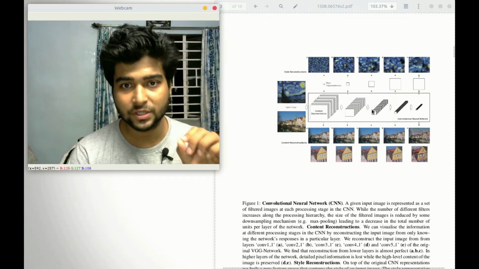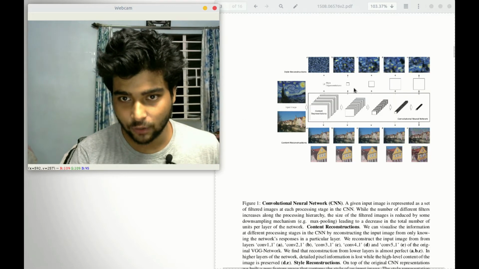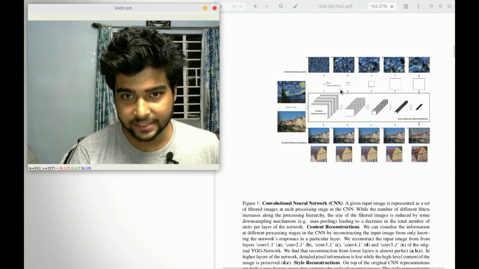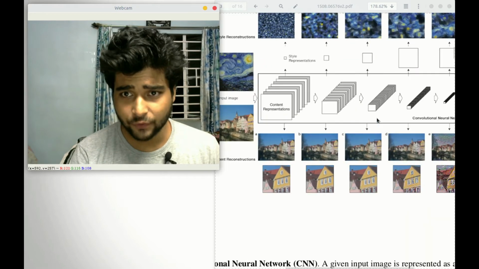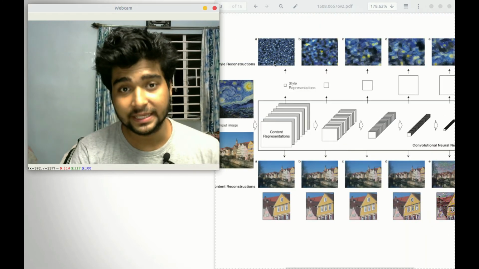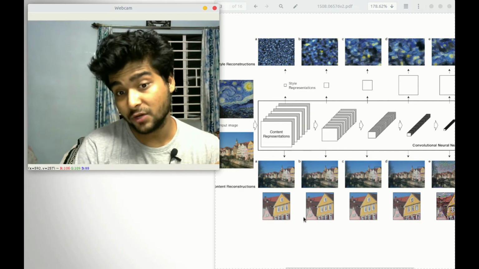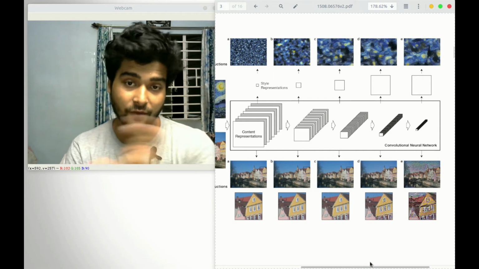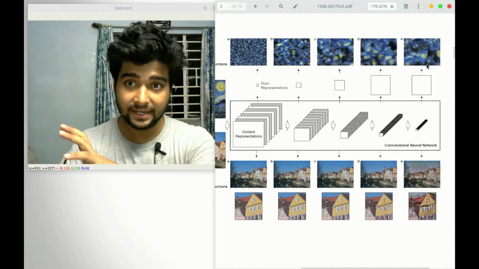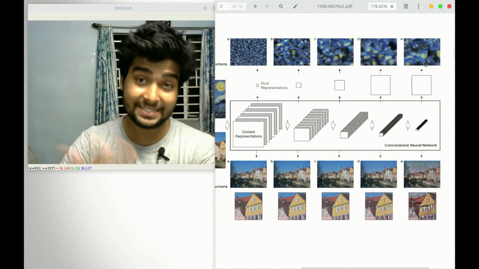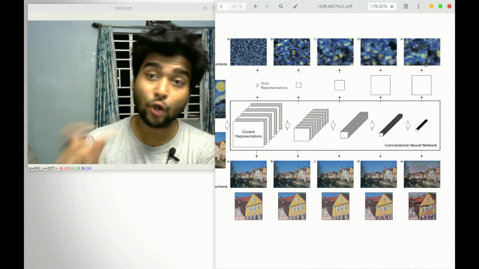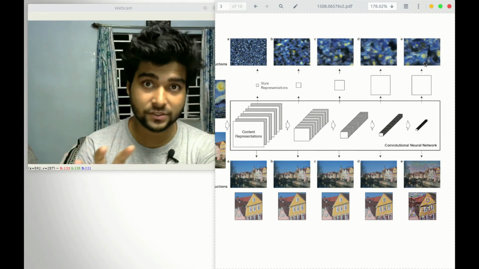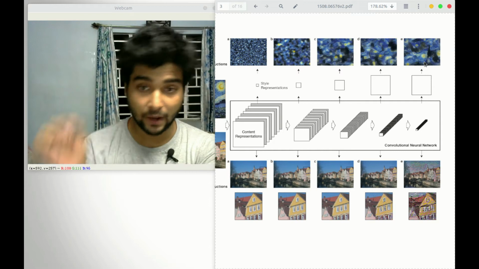So let's take a quick look at the loss functions. Over here, you can see that the style representations are taken out from the intermediate layers. From the lower layers, the style is not that well preserved, but when you combine style features from a few layers, it captures the style and texture, but not the global arrangement of the content in the style image.